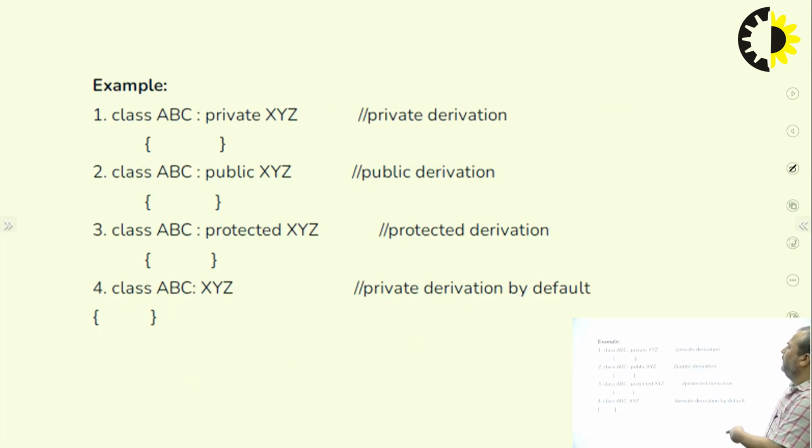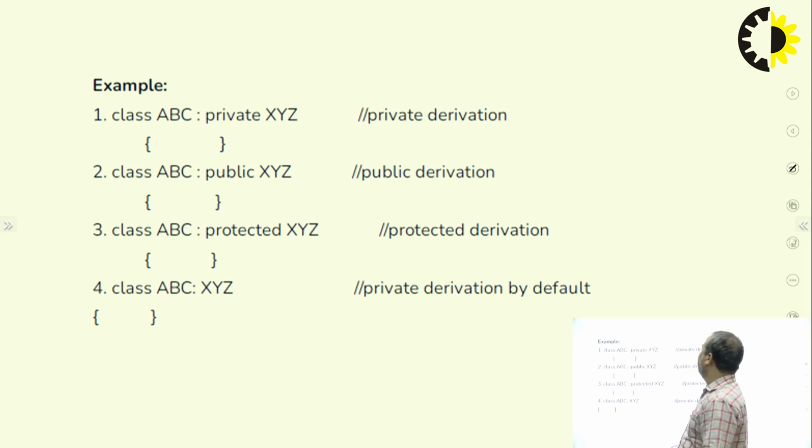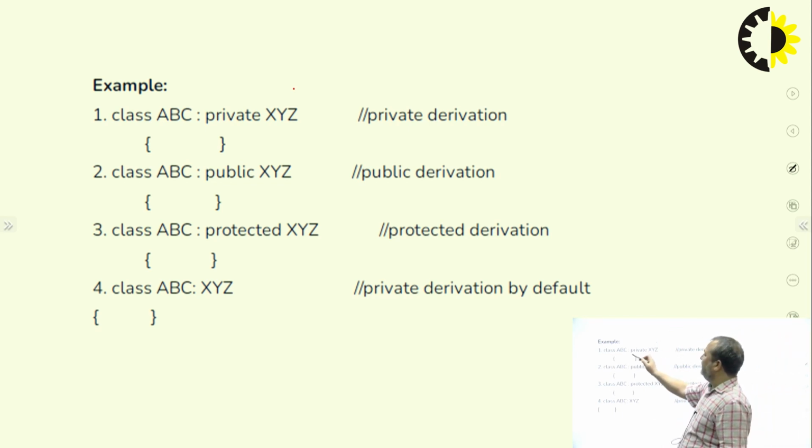Okay. For example, we write class ABC colon private XYZ. So the access specifier is private, and XYZ must already be there. So XYZ becomes the base class and ABC becomes the derived class of this base class.